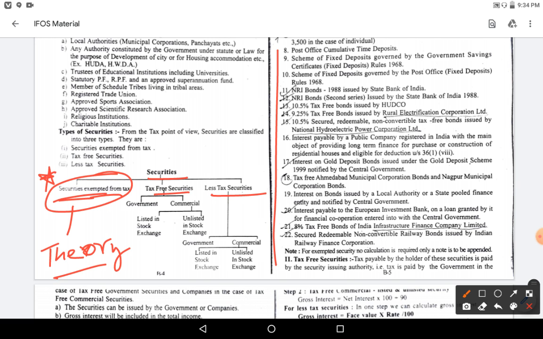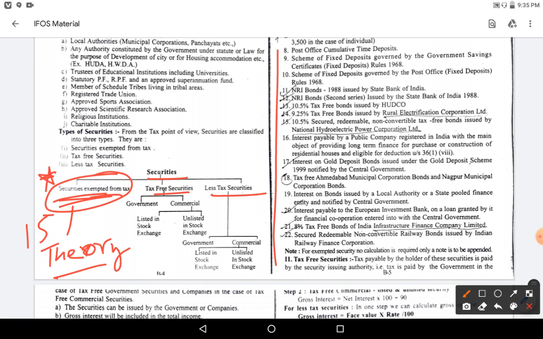So securities exempt from tax list is there, that list we need to learn by heart either for theory 15 marks question or for solving the problem also we need to remember. So better to remember it. बहुत आसान रहेगा, डोंट वरी. दो तीन बार रोज पढ़े तो याद आ जाएगा. Already we have done it and we wrote the exam related to it, but many days ago.